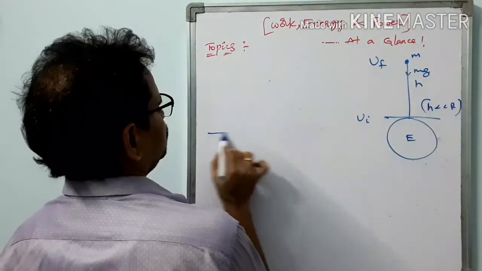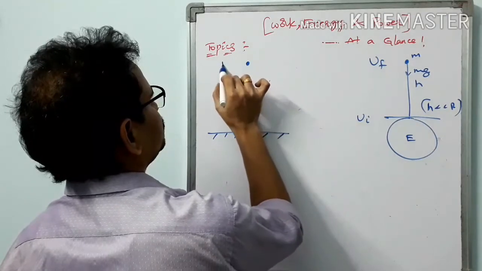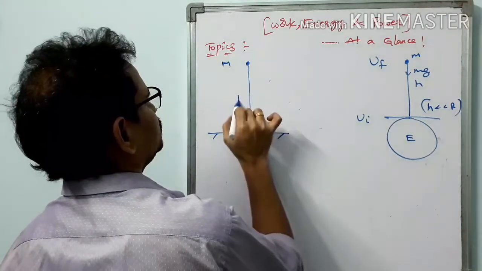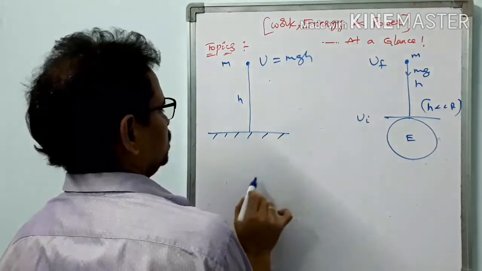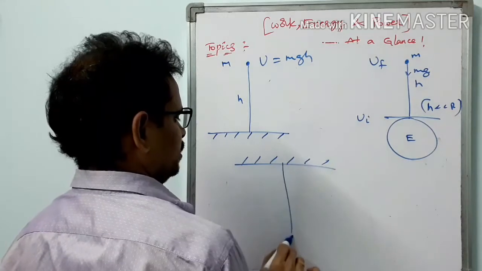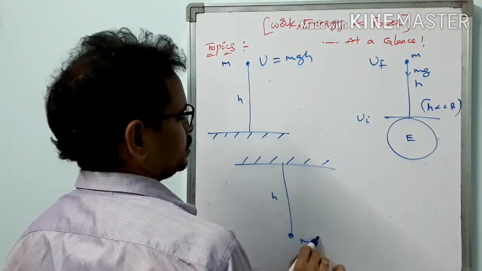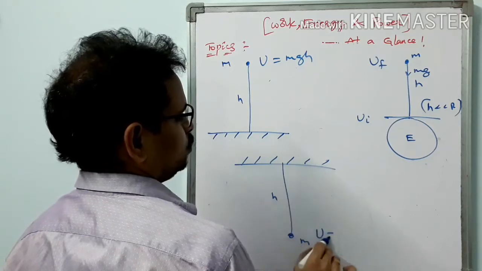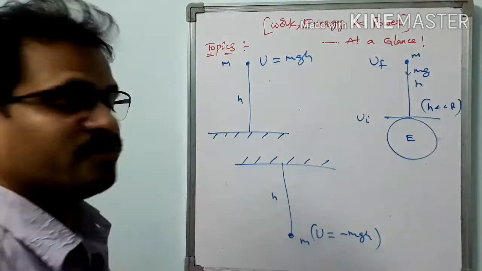Suppose this is taken as the reference line and m is taken to this height, then the potential energy is equal to mgh. Suppose the reference line is taken here and m is moved down by h, here the potential energy U equals minus mgh. So it depends on the reference line.